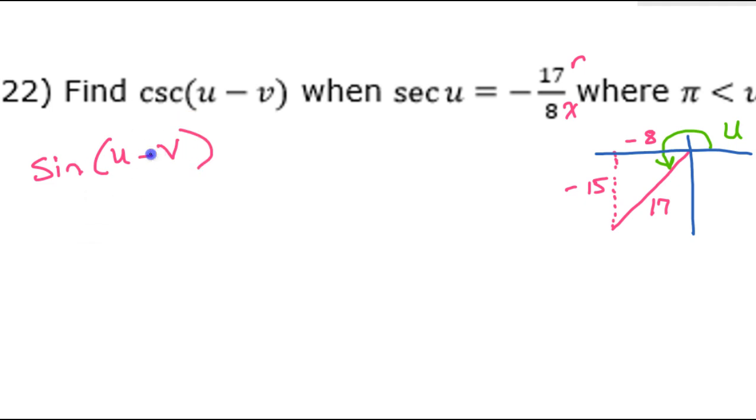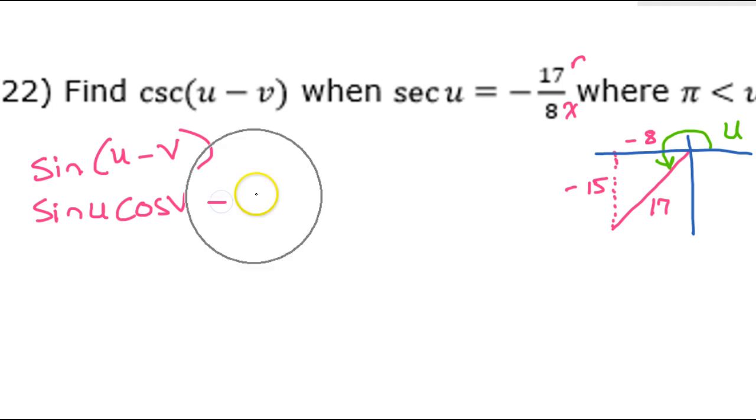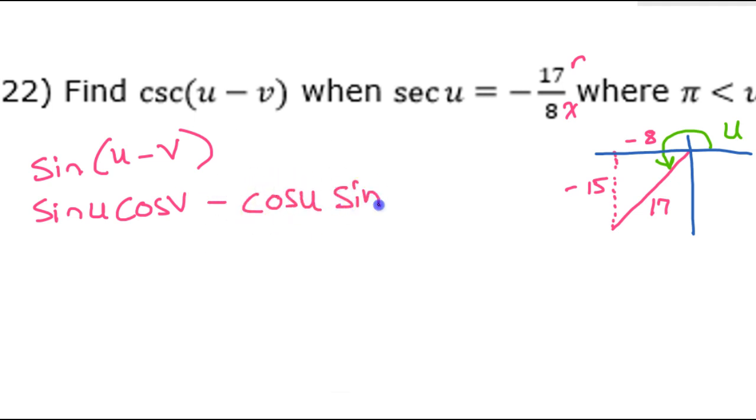The sine formula goes sine cosine minus cosine sine. So I'm doing sine u cosine v minus cosine u sine v. So sine of u, that's y over r.